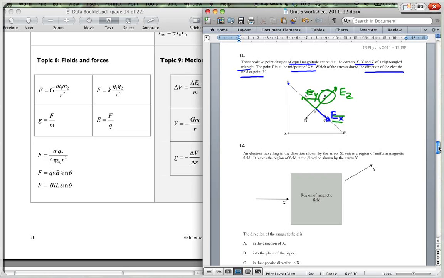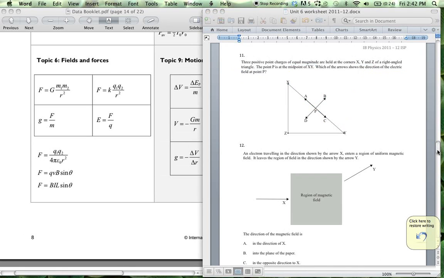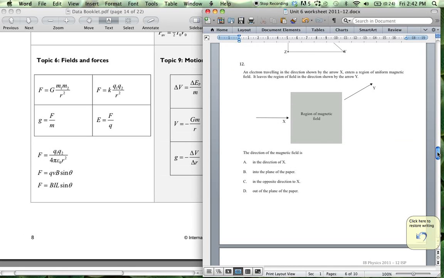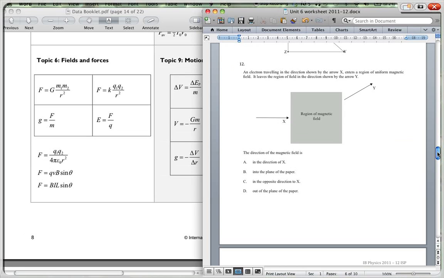And then finally, I think this is the last question for this. We've got here an electron traveling in the direction shown by the arrow X enters a region of uniform magnetic field. It leaves the region of the field in the direction shown by the arrow. So what happens here is that it does something like that.